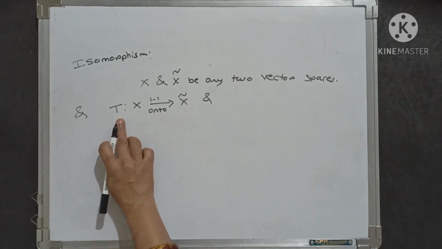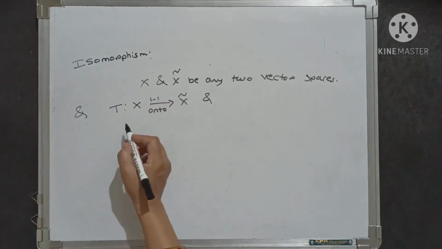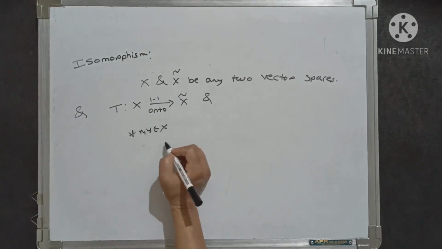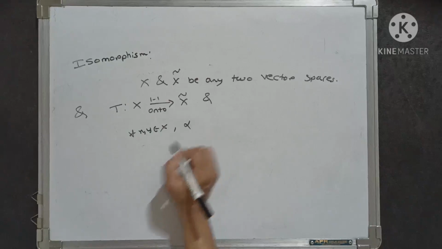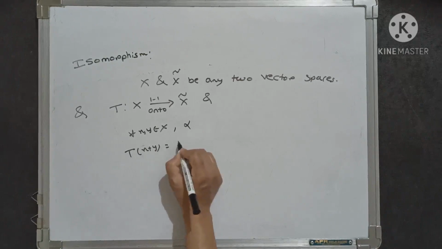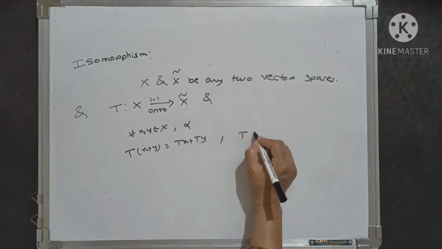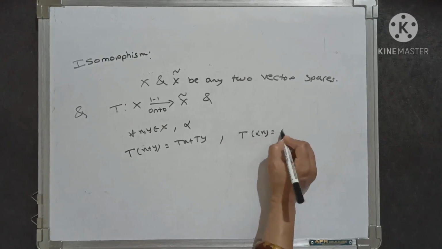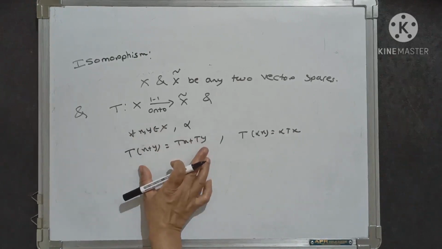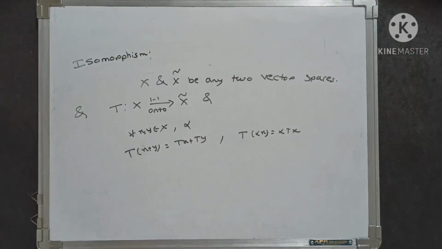Now T is the mapping from X to X tilde, both one-to-one and onto, and it also satisfies another condition: for all x, y belonging to capital X and alpha any scalar, T of x plus y equals Tx plus Ty. In the same way, T of alpha x equals alpha Tx. That means T preserves the structure. Then we say that the mapping T is an isomorphism.